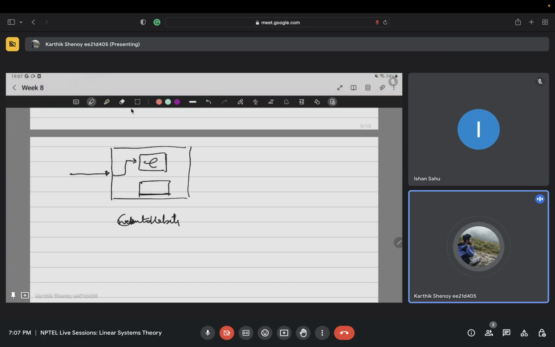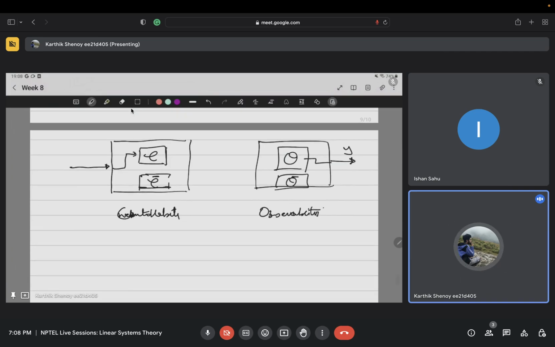This is your controllable and this is your uncontrollable, C bar. And this week we saw there is some output coming out which only comes from your observable part, and there is an unobservable part. This is observability.